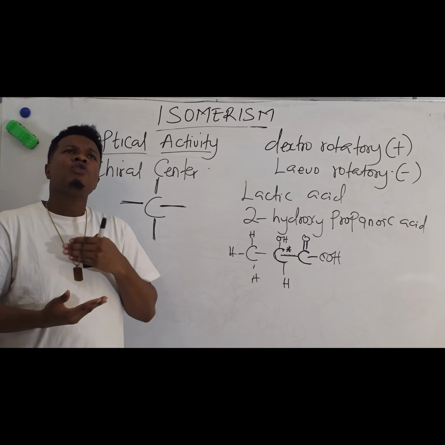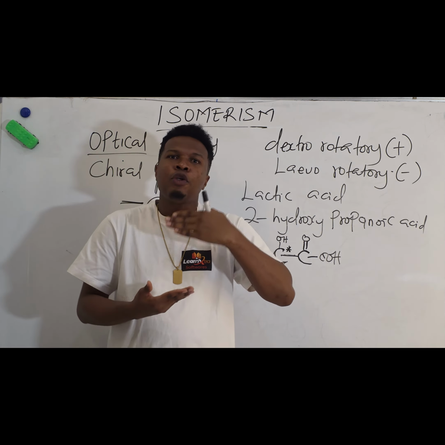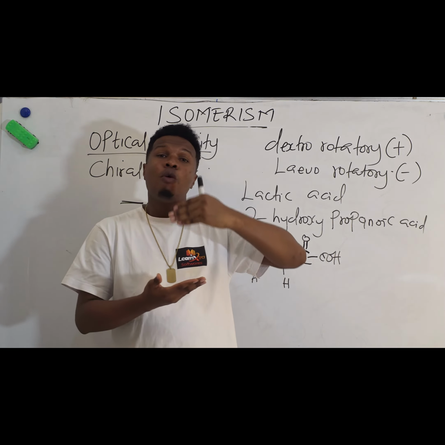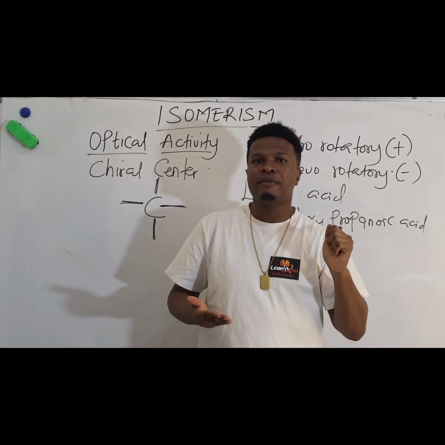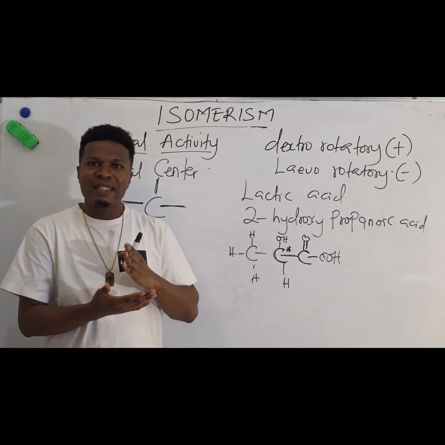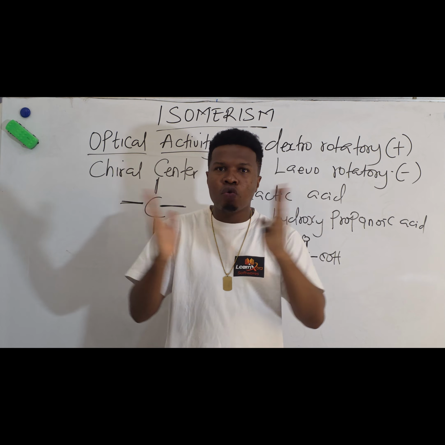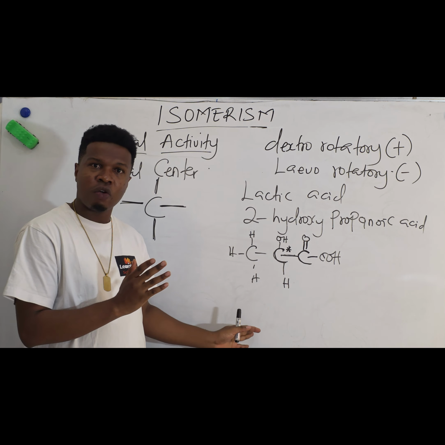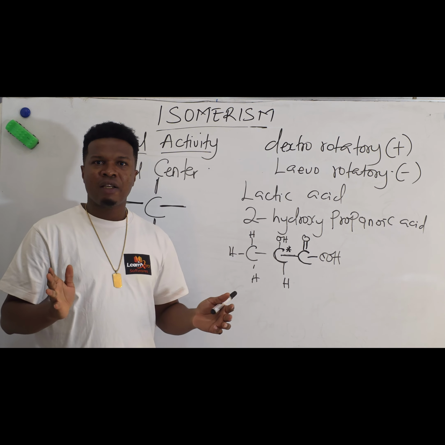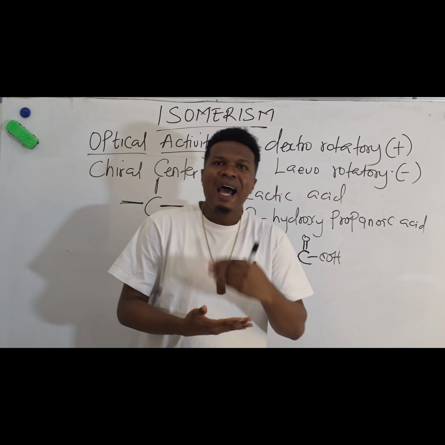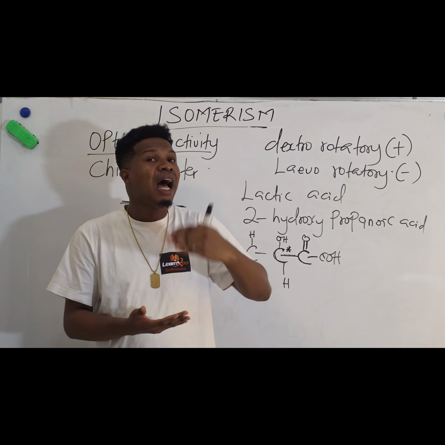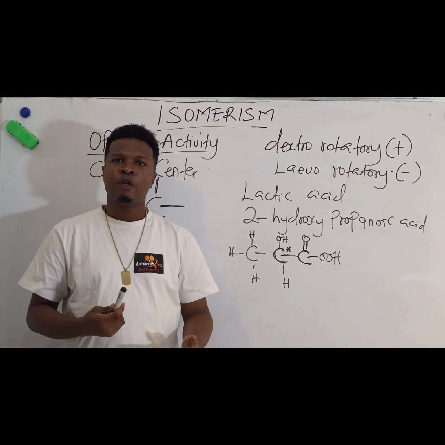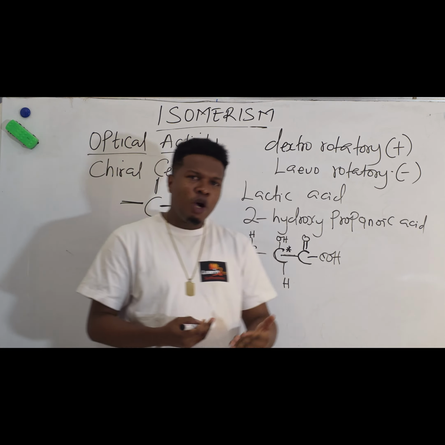Now, you must not just have a chiral center to be optically active. You must have a chiral center and also must not have a plane of symmetry. A plane of symmetry is a line that divides a molecule into 2 equal halves. There is no plane of symmetry in this molecule. No matter how you cut this molecule, you can't get the same thing at both sides. So molecules that have a chiral center and do not have a plane of symmetry are said to be optically active.